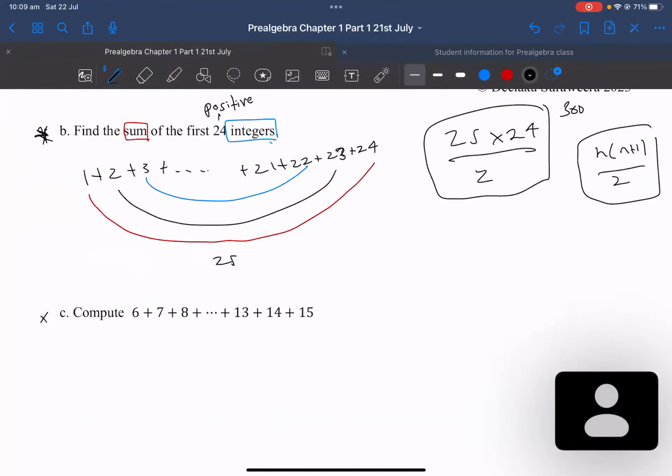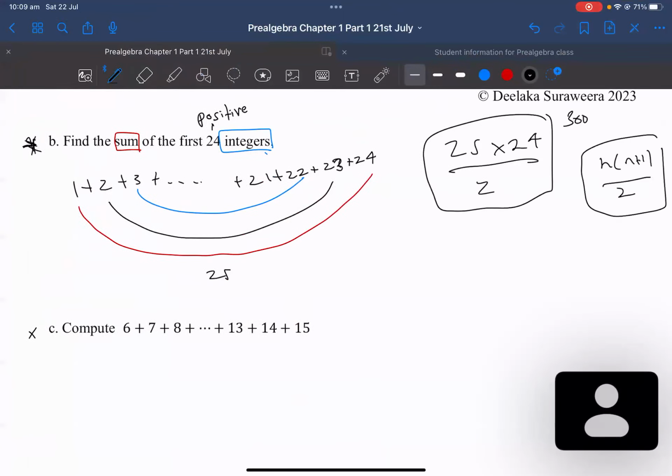Yeah, so that is really good. So that's 24 numbers. That means there's 12 pairs, right? 24 numbers, 12 pairs. That means it's 25 times 12 pairs, 300. Does that make sense how there's 12 pairs? So just multiply them.